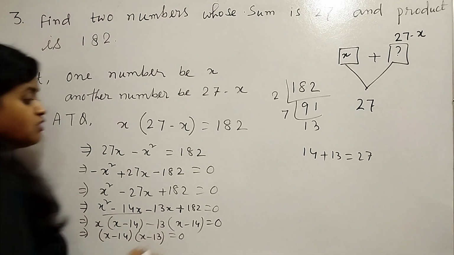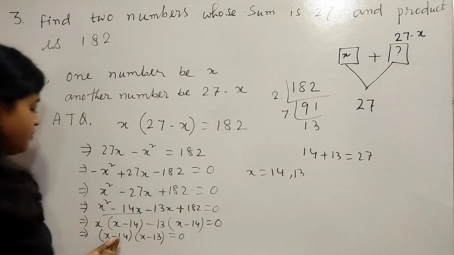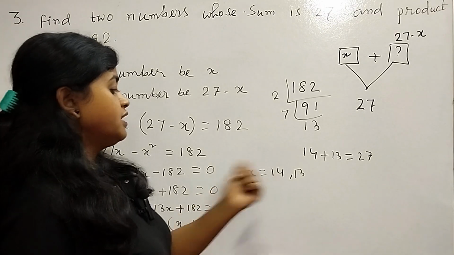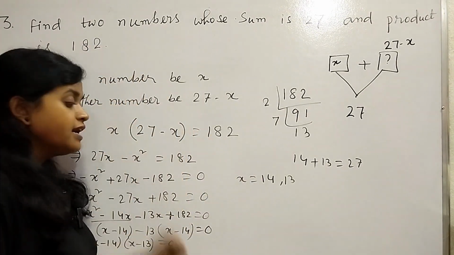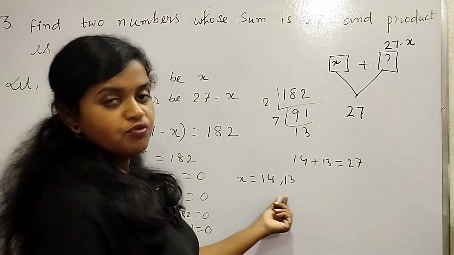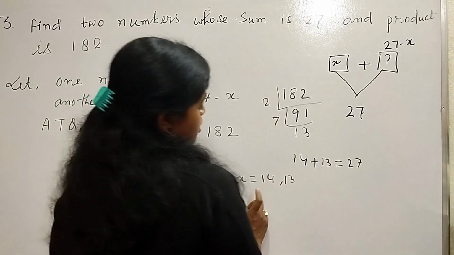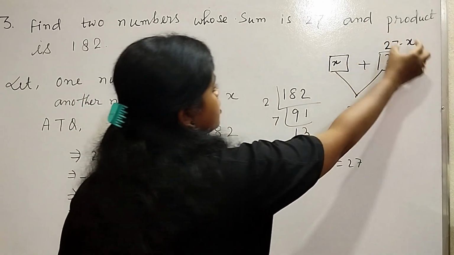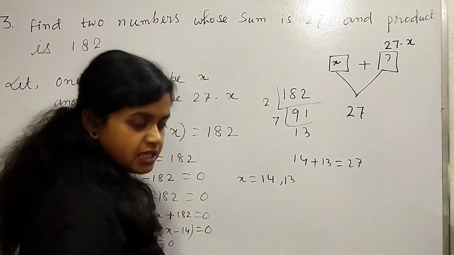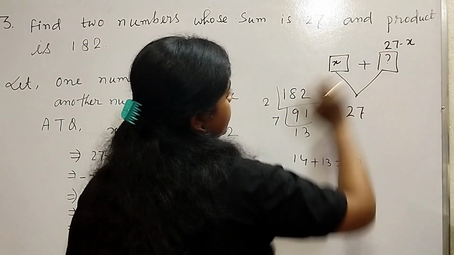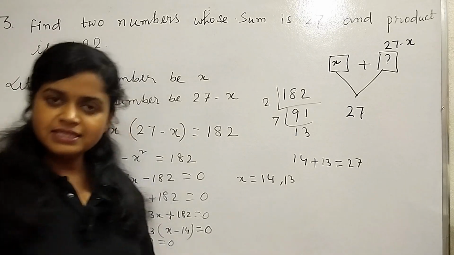And from these factors, we get the roots x equals 14 and 13. These are the roots of this quadratic equation, and the numbers are also 14 and 13, because if I put 14 here, we get 13, and if I assume 13 as x, then we will get 14. So the numbers are 14 and 13.